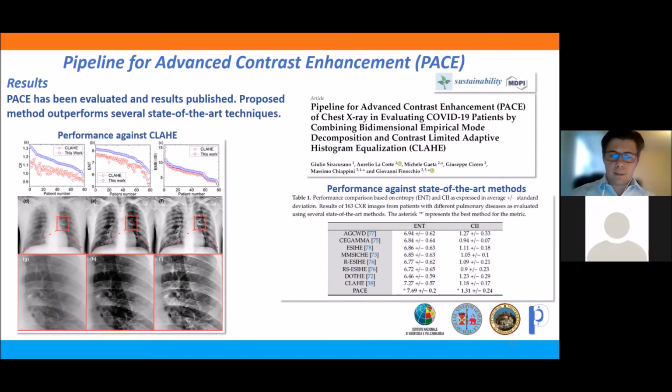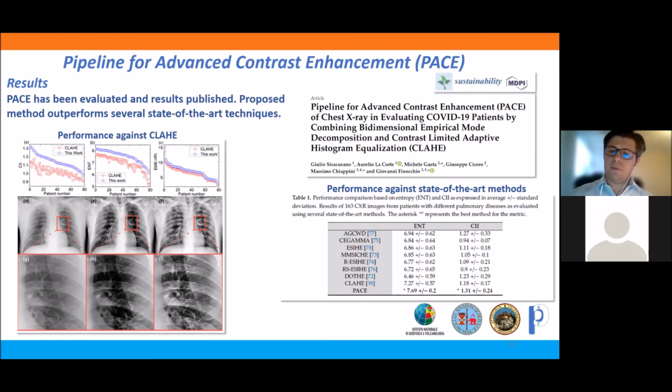On the right part of this picture, we can see the result as obtained using PACE. Even in this case, we have a better contrast compared to the baseline chest X-ray image, but at the same time, the results are more visible. And this, of course, improves the way we can interpret these results and improves diagnostic capabilities.